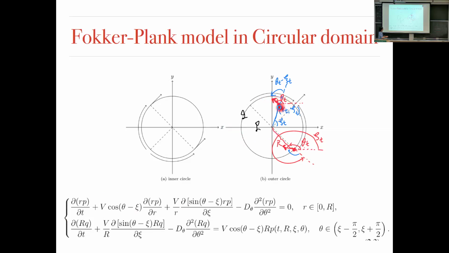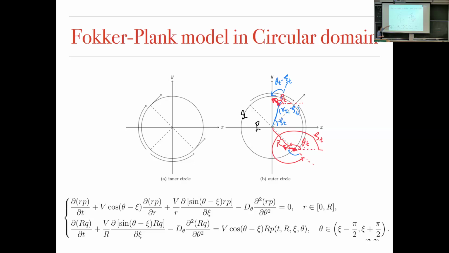Then this C minus theta gives you this blue angle. Then you project it to the R variable and it would give you this variable. If you project it to the C variable, it would give you sine theta minus C.